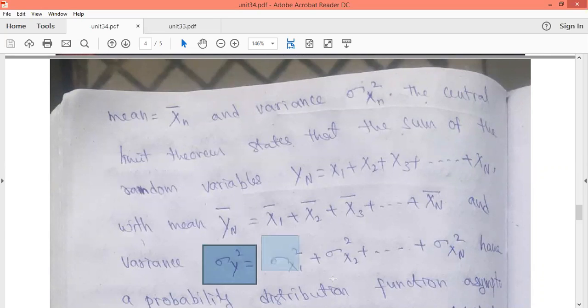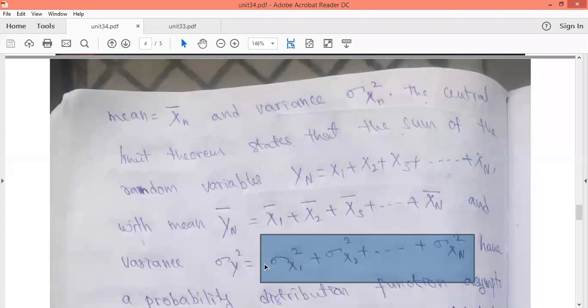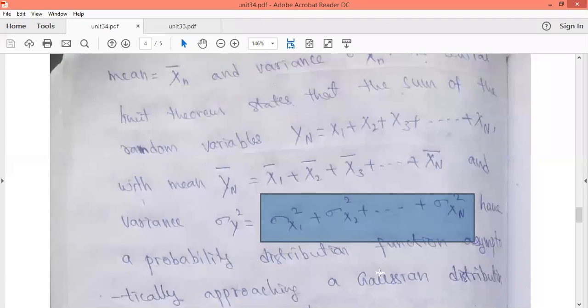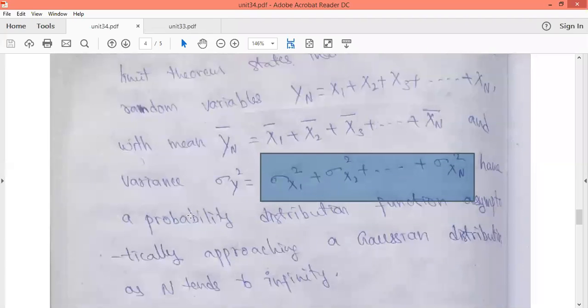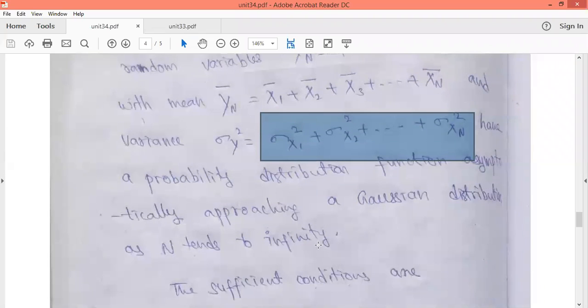This is the variance of the sum of n random variables, that is, the sum of the variances of the individual random variables. So the probability distribution function will approach the Gaussian distribution function when n tends to infinity. That is what the central limit theorem says. If n approaches infinity, the probability distribution function of the sum of an infinite number of random variables will approach the Gaussian distribution function.